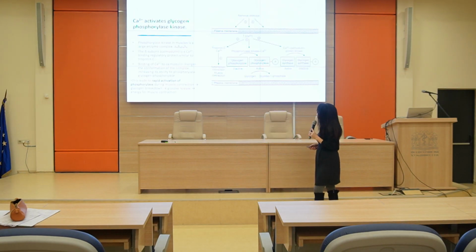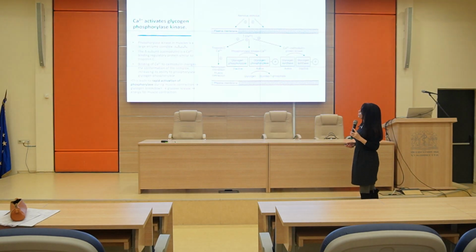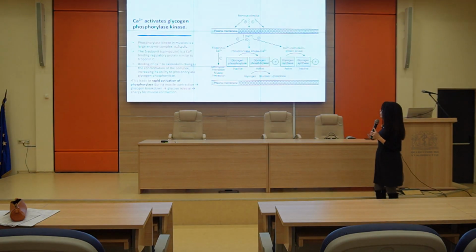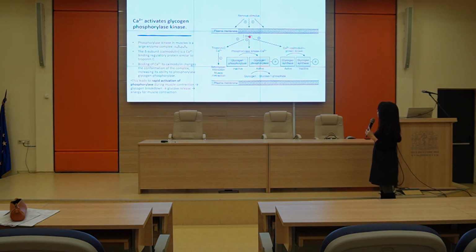Calcium activates glycogen phosphorylase kinase. Calcium is bound to troponin C, and calcium activates this phosphorylase kinase. After the activation, it is used for the phosphorylation of glycogen phosphorylase to become the phosphorylated form, which means active.